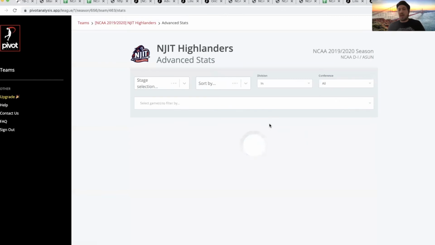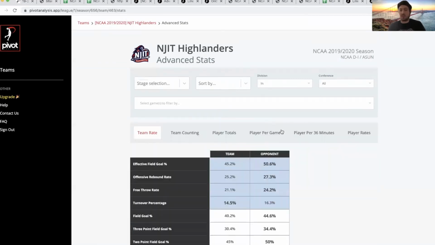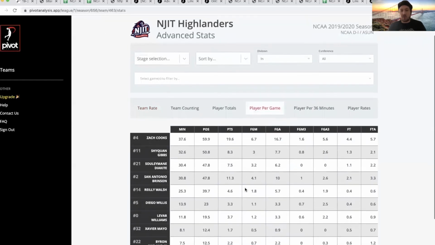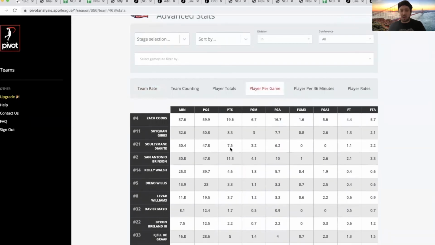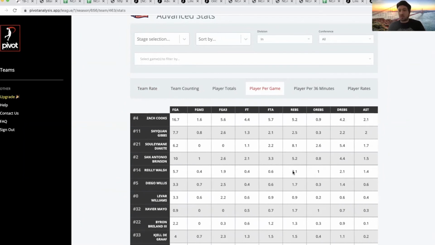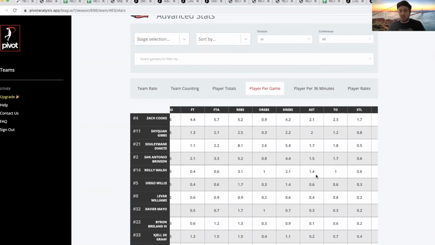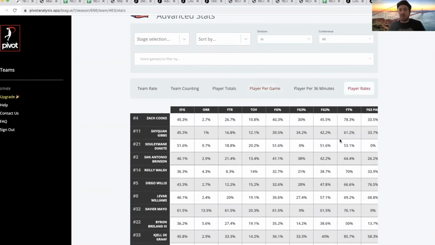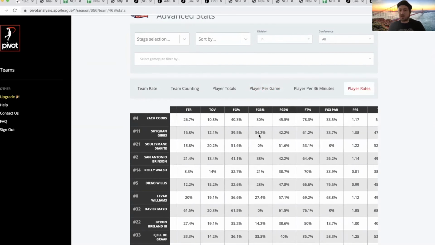And looking at the stats quick can give you an idea in terms of offensive load, what these players were putting in. So in terms of scoring, they were not particularly heavy. In terms of rebounding, assists, turnovers as well. And then on the rate side, we can look at the efficiency numbers and see what's being lost.